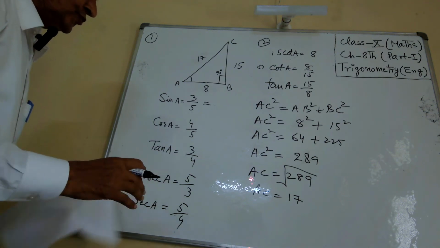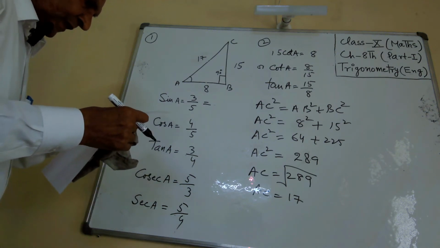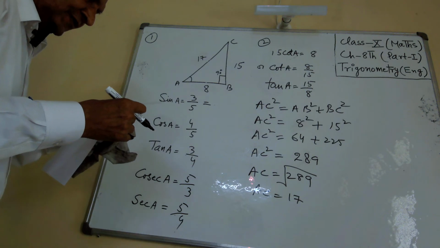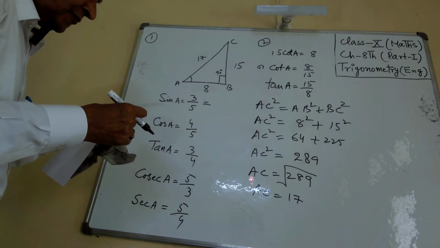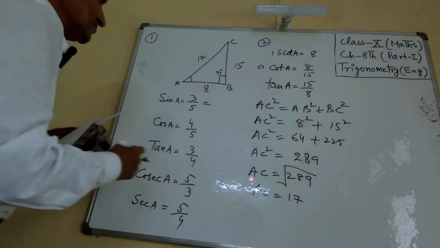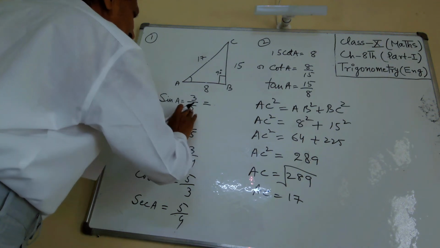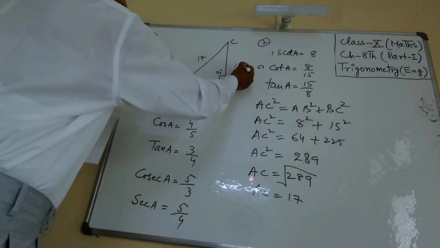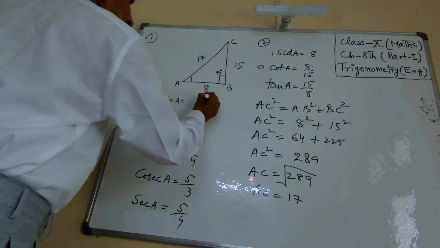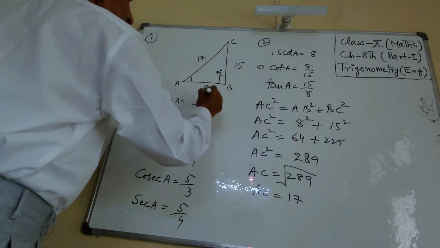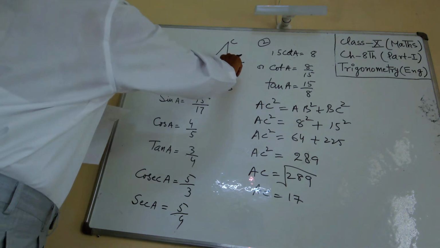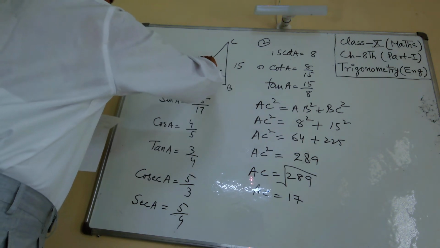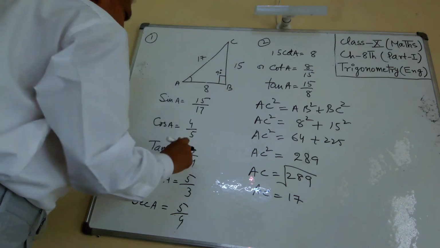So now in this question you have to find out sin A and sec A, not all. Sin A and sec A. What is sin A? 15 by 17, because sine is perpendicular upon hypotenuse. 15 upon 17.